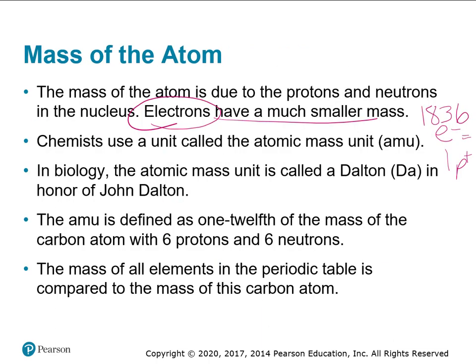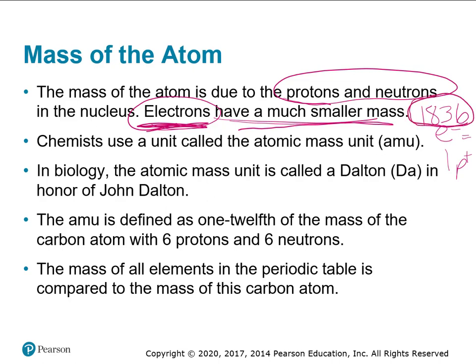Let's talk about the mass of an atom. The mass of an atom is due to the protons and the neutrons that are in the nucleus. We don't count the mass of electrons because their mass is so much smaller. In fact, it takes about 1,836 electrons to equal the mass of 1 proton.